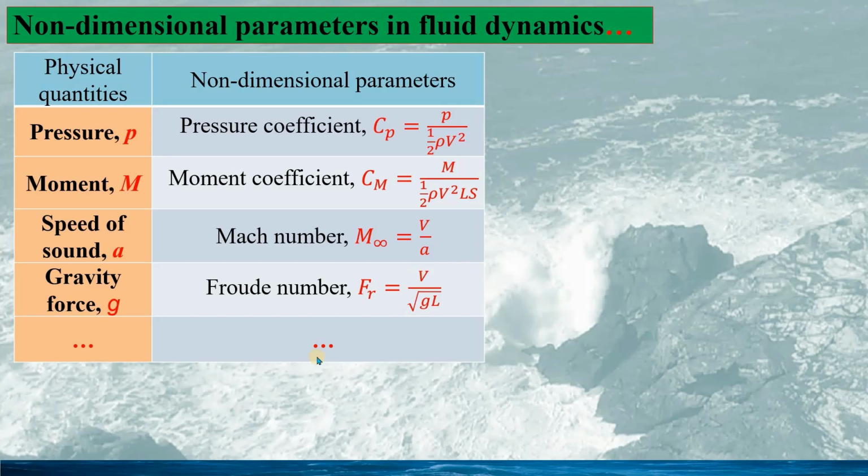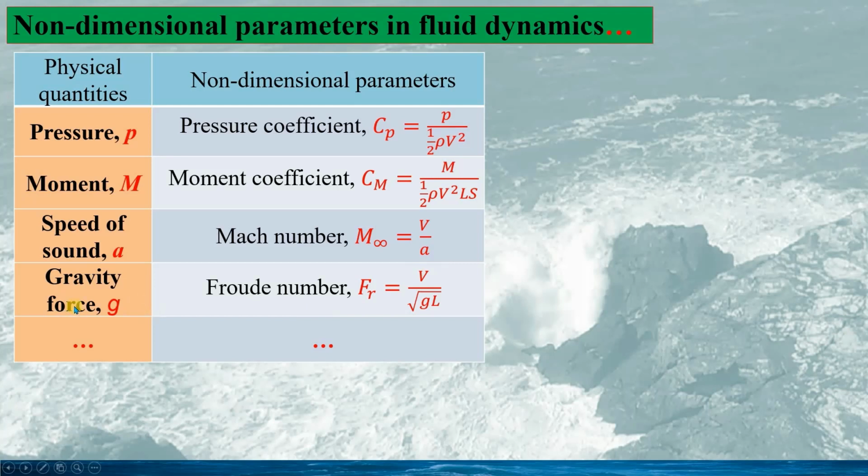The Mach number is very important when it is close to 1 or larger than 1, such as in transonic flows, supersonic flows, and hypersonic flows, in which the fluid compressibility becomes very important in the fluid dynamics.